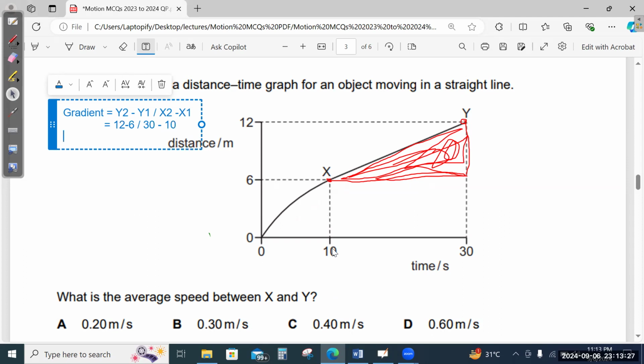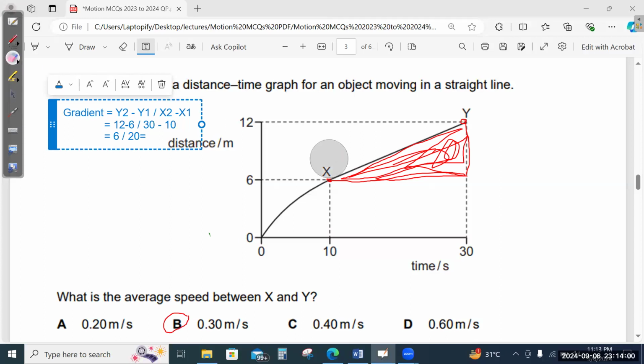Now solve this term: 12 minus 6 is 6, divided by 20, that gives 0.3, so your option will be B. You only have to find the gradient, then you can easily get the speed from the distance-time graph.